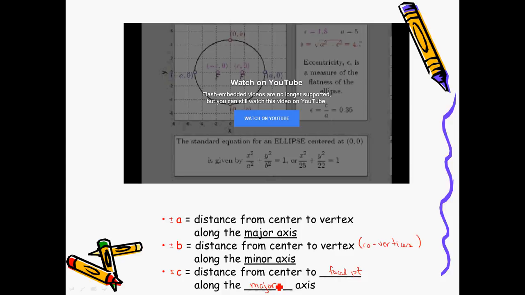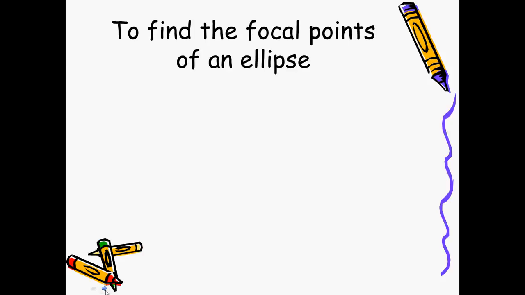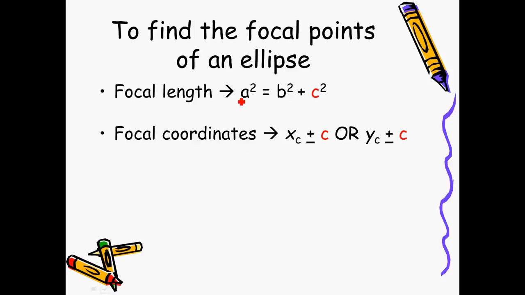So your new objective today, we're still with ellipses. The only thing that I'm adding today, when you graph and label an ellipse for all your homework problems, you're going to be doing the same thing you did last night, except you're going to be adding the focal points. So again, to recap, to find the focal points in an ellipse, the focal length comes from Pythagoras, where A is the hypotenuse. You want to solve for C, so you get A squared minus B squared is equal to C squared.